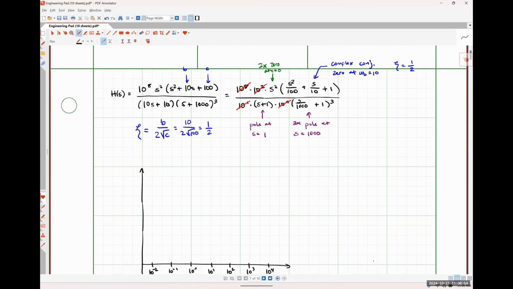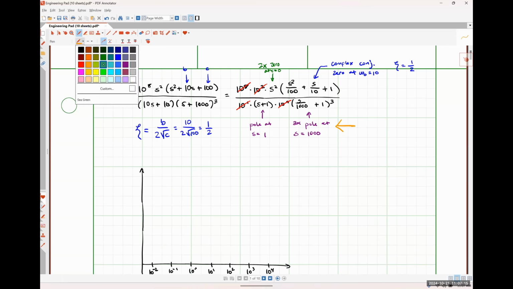Okay, so let's take care of this term first. I wish I had done a different color for that. So I'm gonna do that guy in orange when I put it on the graph so that we can see what the different things that are contributing are.